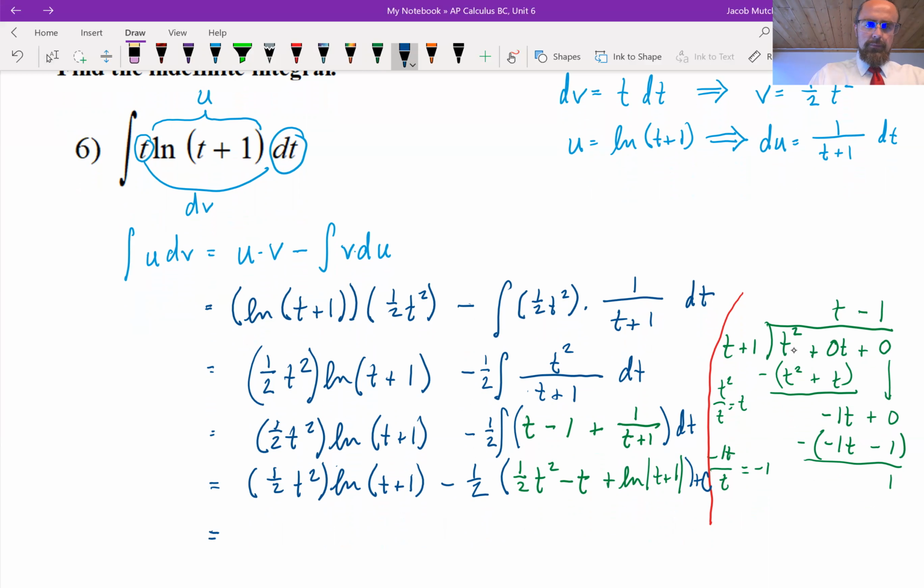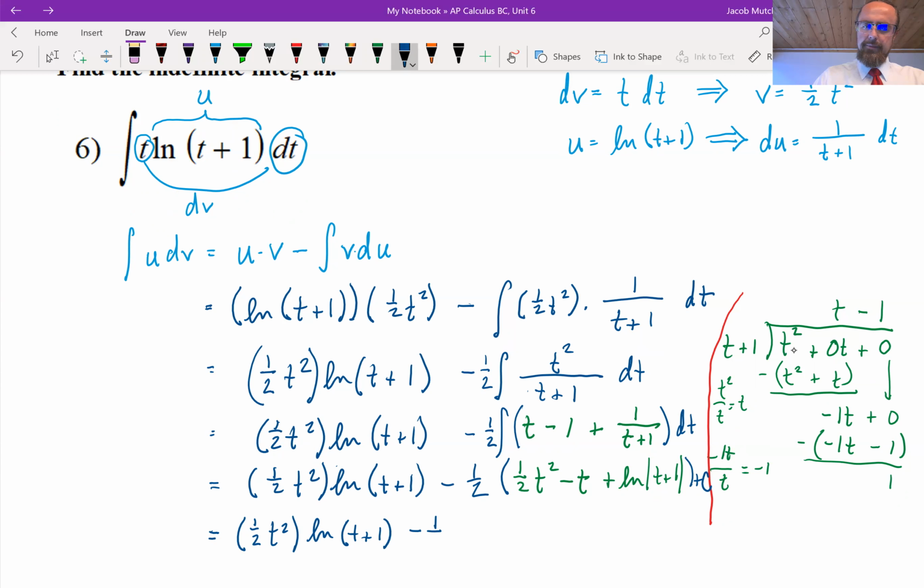So we'll write this first term again, half t squared times natural log of t plus 1. And then I want to write minus half times, well, in fact, let me go ahead and distribute. I'm just going to multiply negative half times each term in this green integrated part.